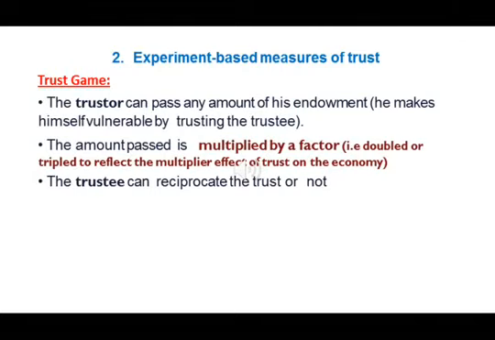Okay, so the second method by which people can get data on measures of trust or the level of trust between individuals is based on experiments, on economic experiments. So why is an economic experiment a better method than surveys?